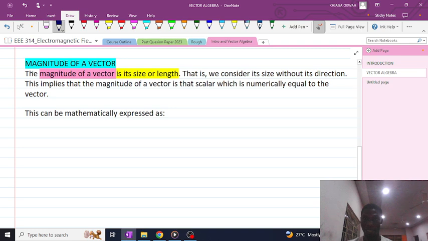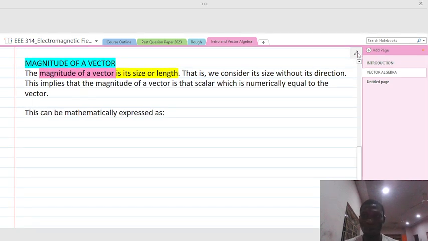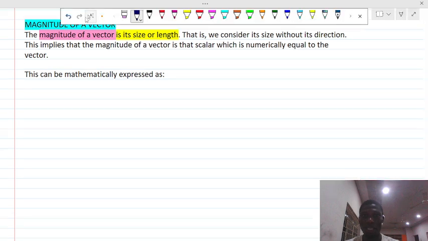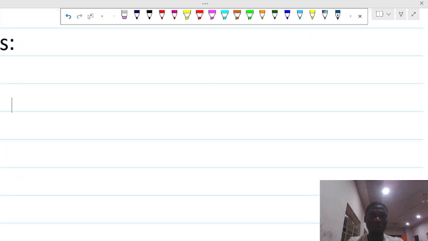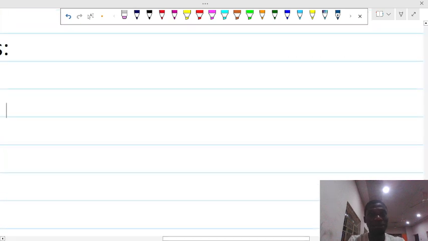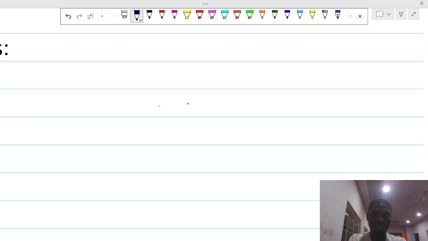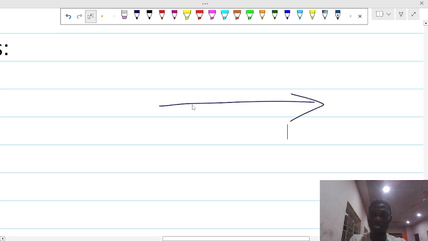So if we have a vector, let's represent that with an arrow, because I think that's a very pictorial, simple way we can show this. So if we have a vector, it has a magnitude. The magnitude here just means the size.